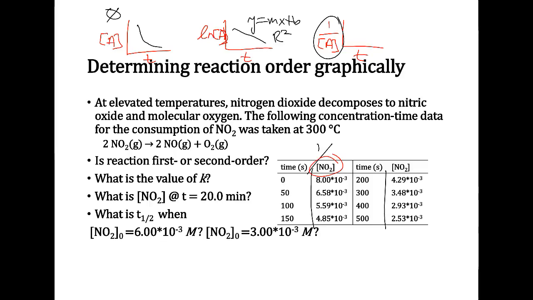What we're going to find whenever we plot this is that we have a pretty much perfectly linear set of data. So we have y equals mx plus b with an r² value of 1. So by making these three plots, what we've been able to do is confirm that this is a second order reaction.